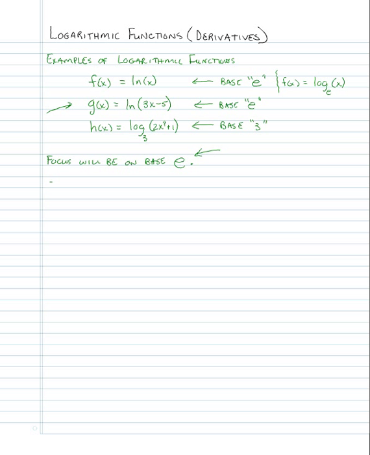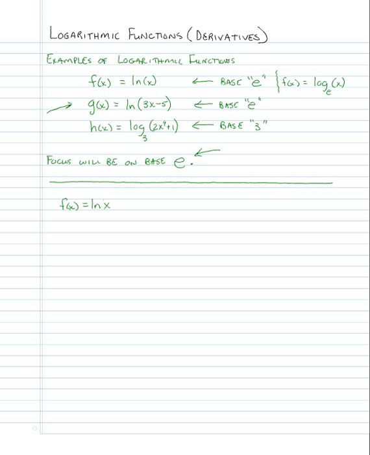Of course, this is about derivatives, in a business calculus class, or a calculus class for business and social sciences majors. So let's write this down. We'll start with the simplest of functions, f of x is natural log x. Sometimes we just put ln x, recognizing that the x there is the argument.